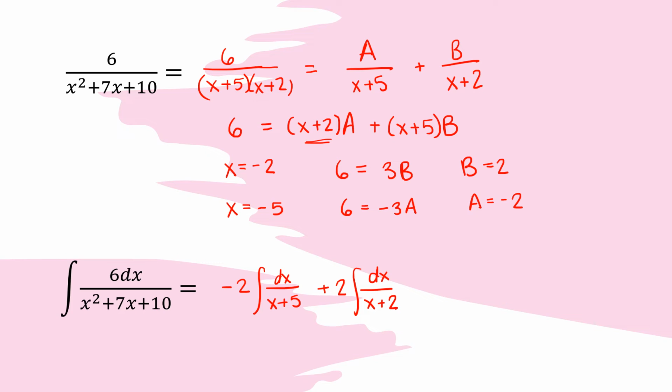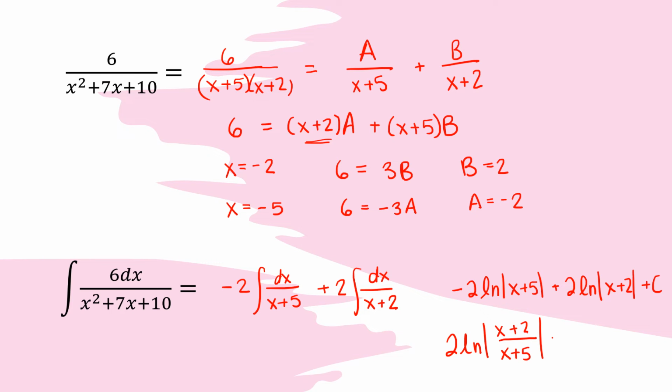We've got that linear piece there, so we're allowed to just take the shortcut, and right away we get negative 2 ln of x plus 5 plus 2 ln x plus 2 plus c. You can combine this by all means. You could have 2 ln x plus 2 over x plus 5. All these answers are fine for me, which one you choose. Same. You could put the square back in, whatever floats your boat.